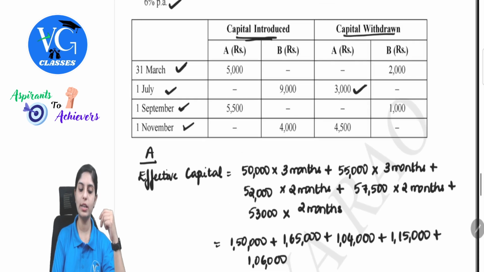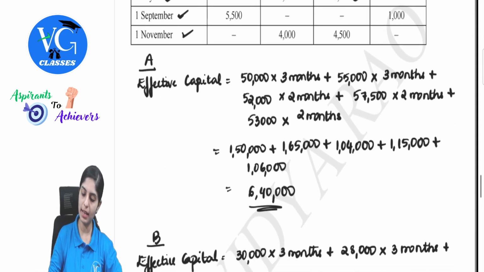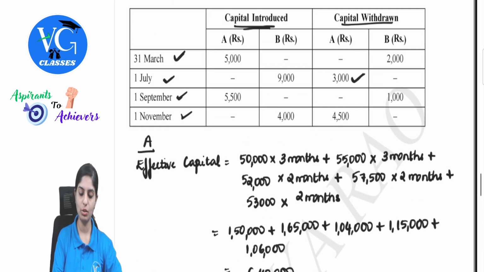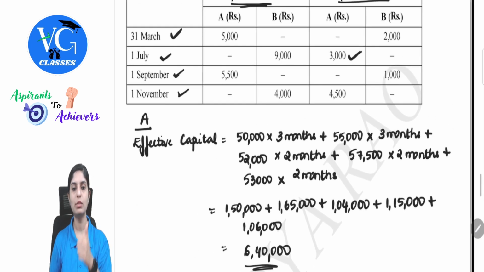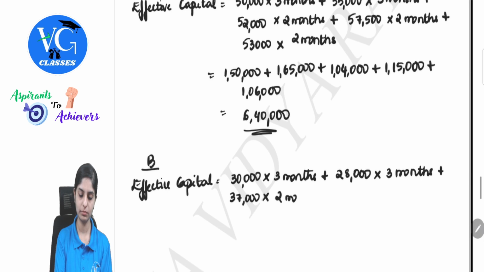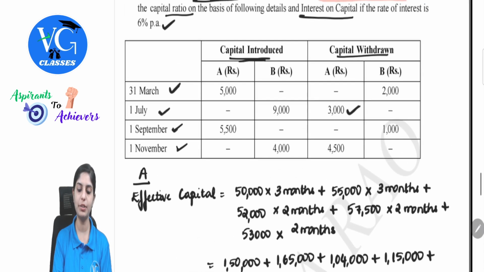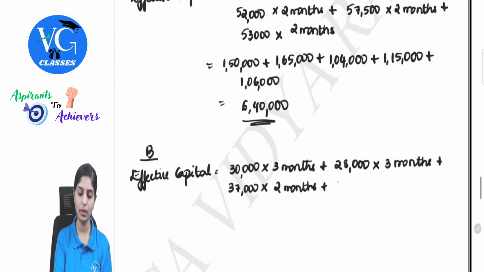So in July, what is happening? There is capital introduced for B. Last balance was 28,000 plus 9,000 introduced. So this will be 37,000 for how many months? July to September. July, August, 2 months. What is happening on September? There is withdrawal for B. So last balance was 37,000, 1,000 withdrawn.